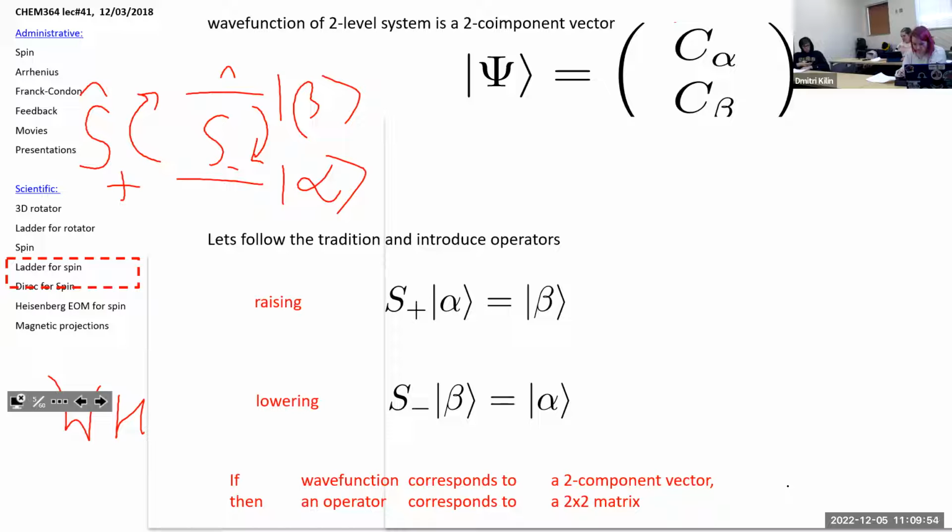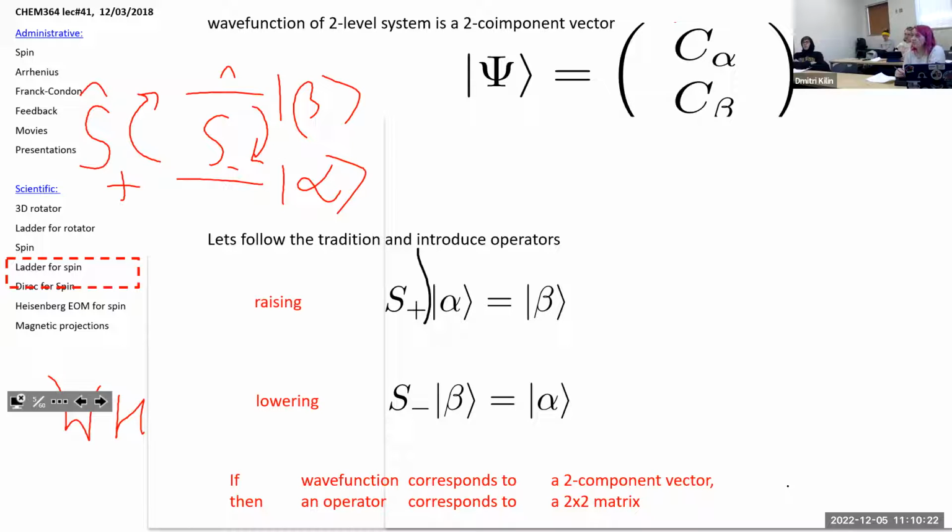So the symbols here are S plus and S minus. In the harmonic oscillator, one uses A and puts a dagger on the top. For spins, typically people put it on the bottom. So if you assume that alpha is down and beta is up, then by S plus we flip from down to up, and by S minus we flip from up to down.